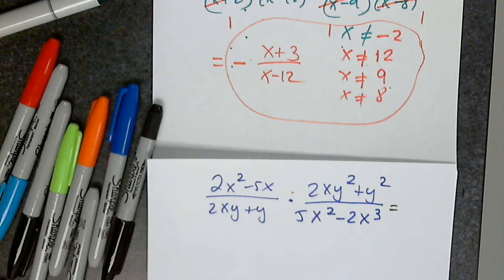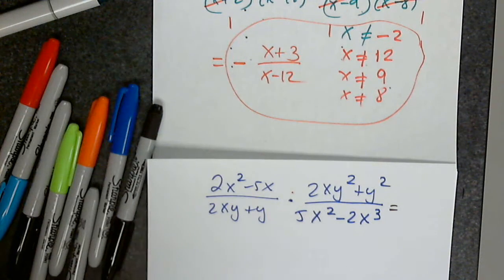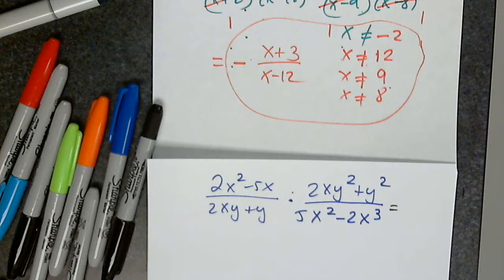But the numerator here, y squared is the common factor. You have to pull out the greatest common factor. Always the greatest common factor. Do we need more time? Yes. Okay.